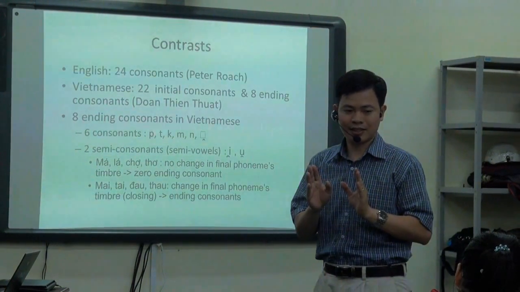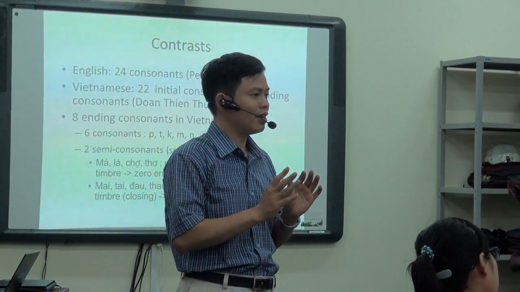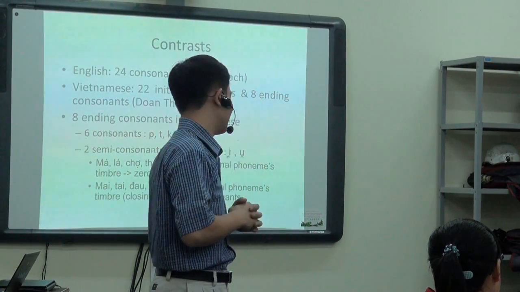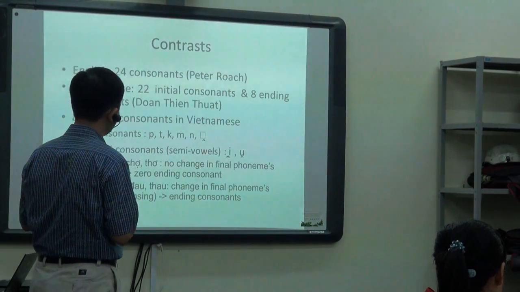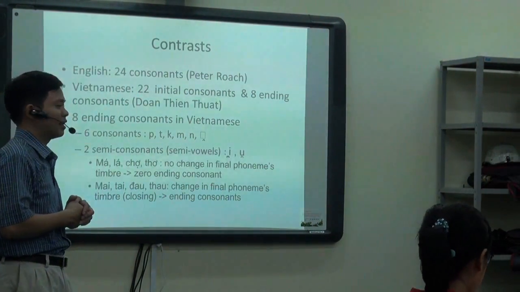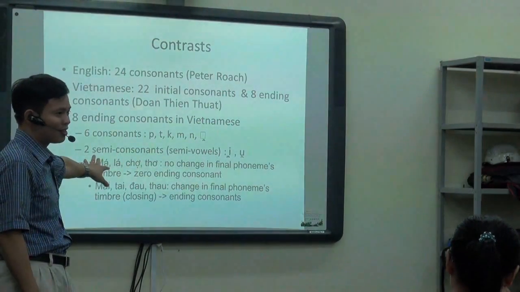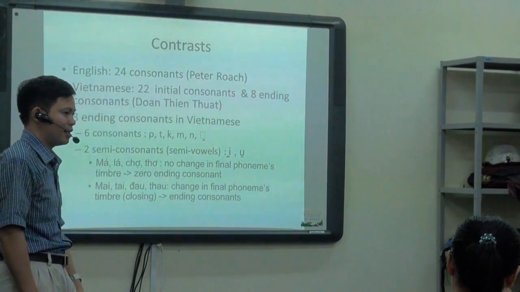You will see that they are half vowels, half consonants. They have some characteristics of the vowel and some characteristics of the consonants. Mai, tai, tao, thao. Okay. Now, this is interesting because it doesn't exist in English.